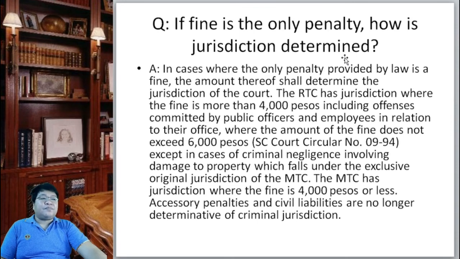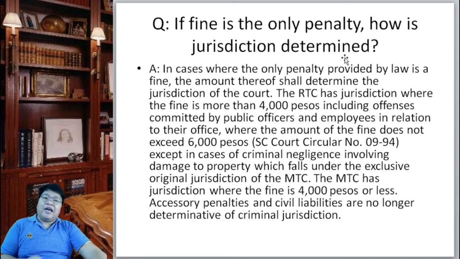Next, if a fine is the only penalty, how is jurisdiction determined? So, right now, where are we? The RTC has jurisdiction where the fine is more than 4,000 pesos. Where it is less than that, it is with the municipal trial court.